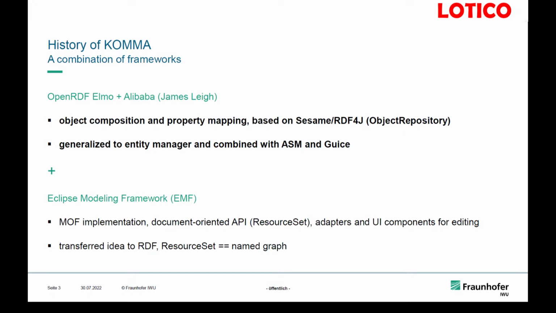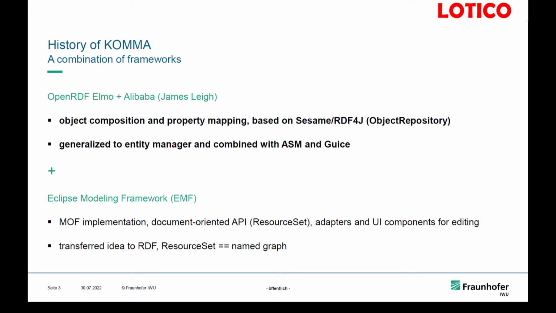Another influencing component is the Eclipse Modeling Framework, which is an MOF implementation for Java. The Eclipse Modeling Framework provides a document-oriented API. They call it resource sets with resources for the data. And what distinguishes the Eclipse Modeling Framework is strong support for adapters and UI components for editing.